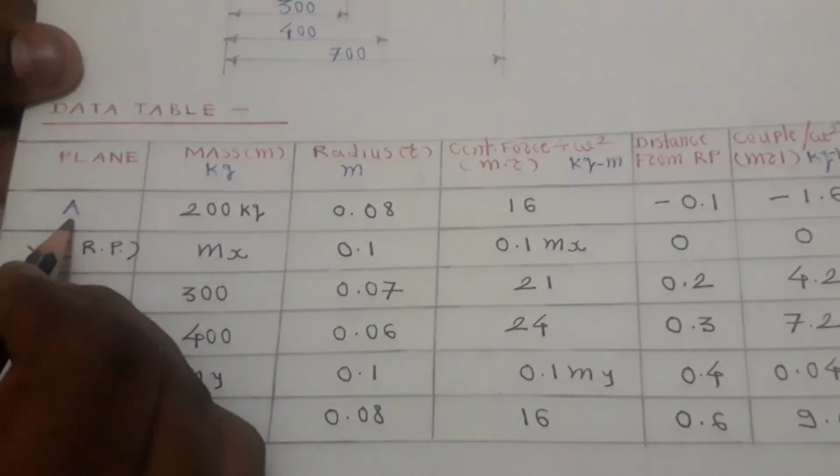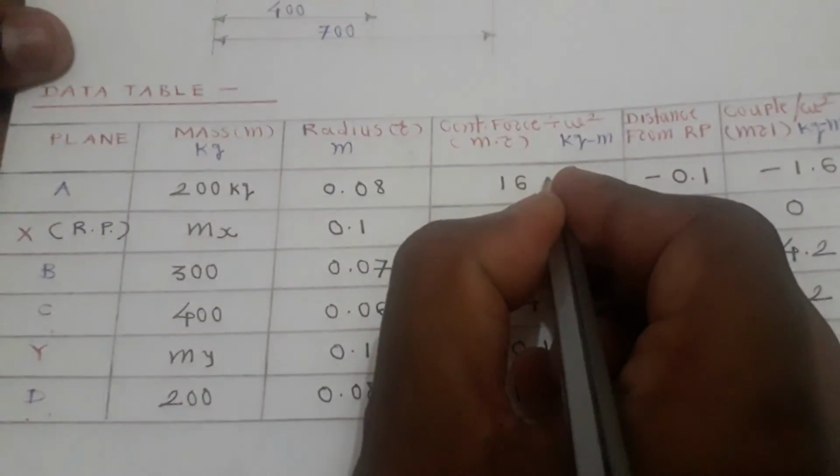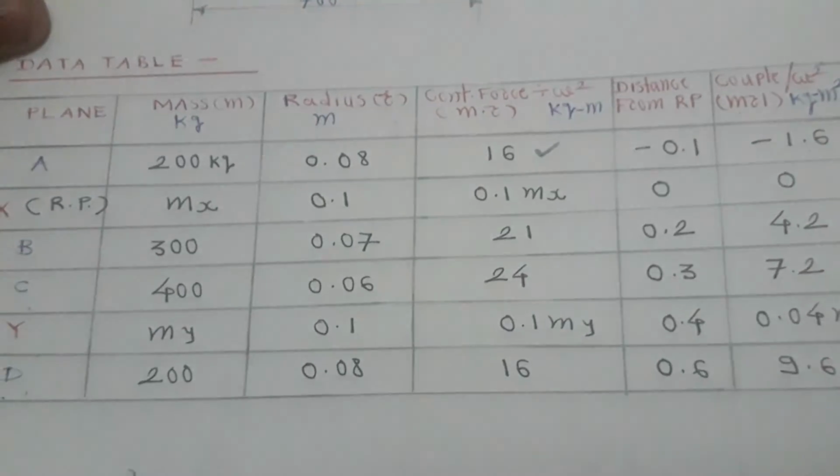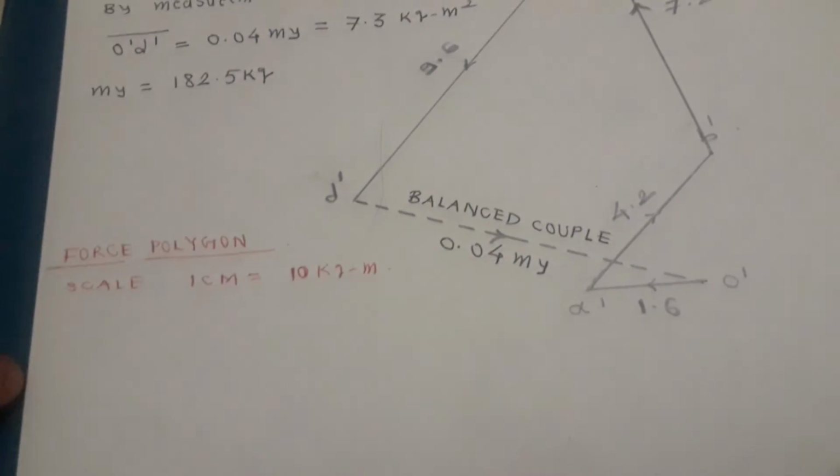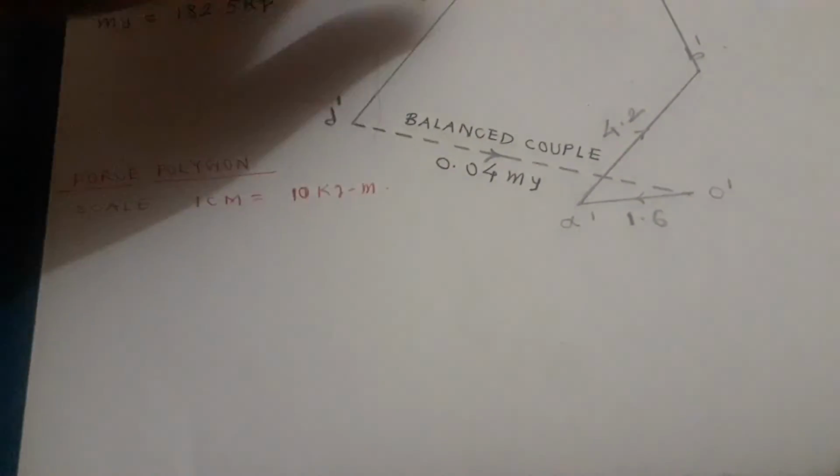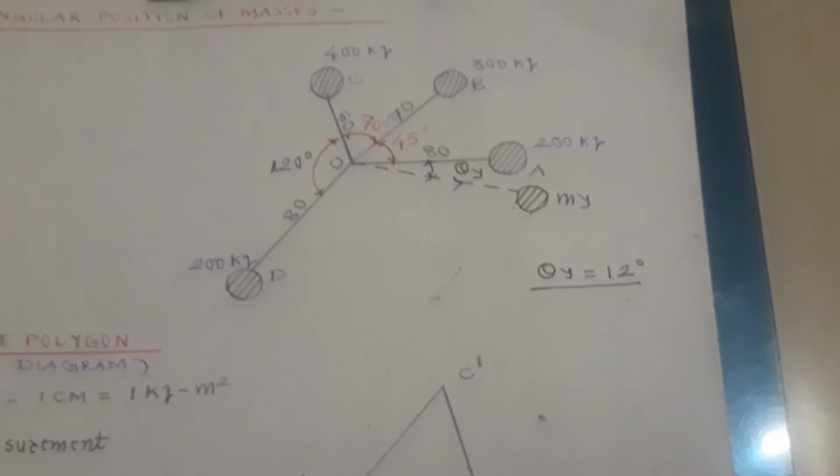So here for the A plane, the magnitude is 16 kg meter. The angular position we can consider from this particular diagram.